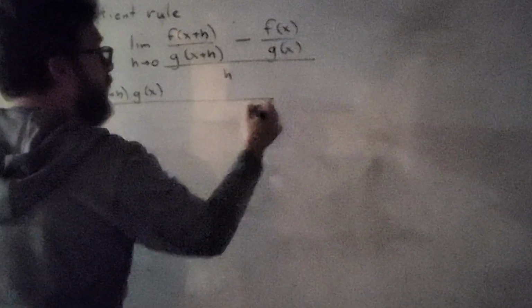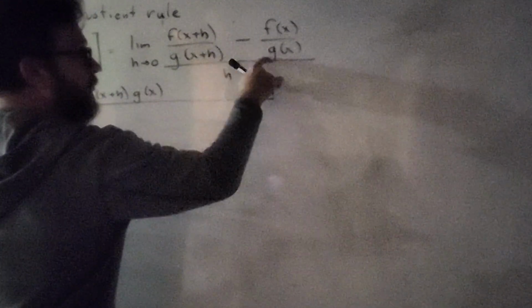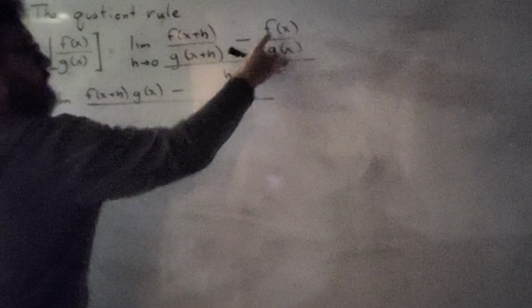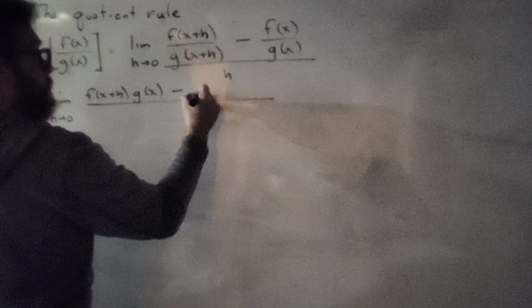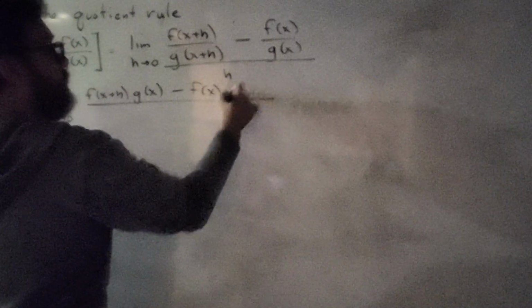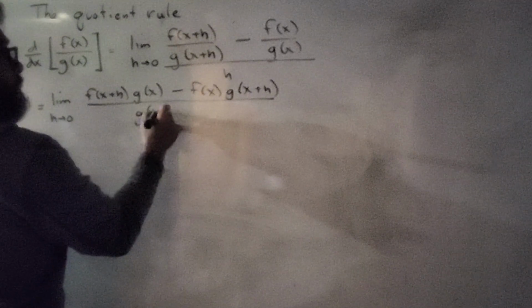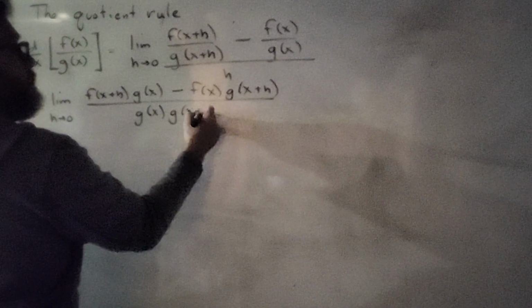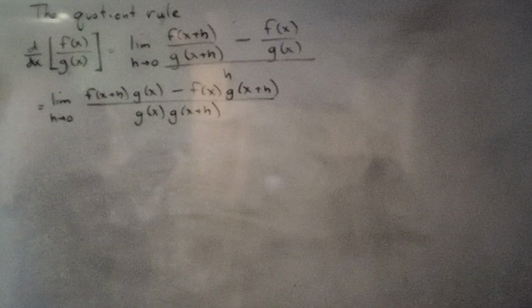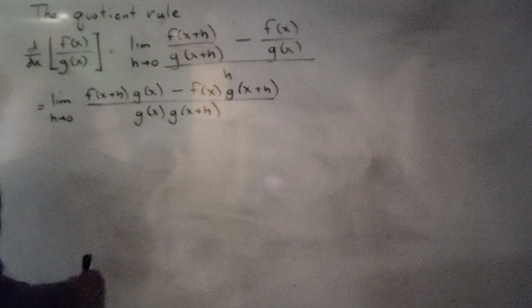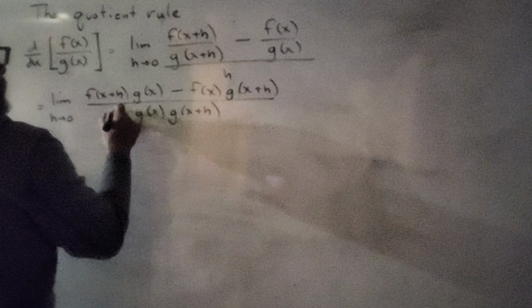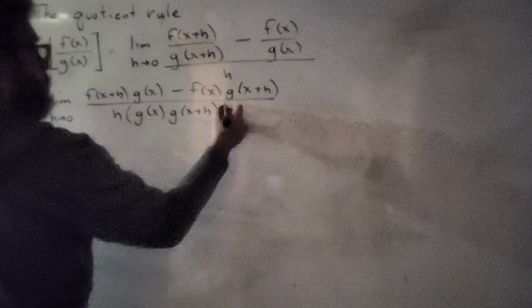Now they're going to have a common denominator of this product together. So minus, I have to do this one times g of x plus h. So f of x times g of x plus h. This is going to be now divided by the product of these things. So g of x times g of x plus h. This entire thing is being divided by h. So really, you can just put the h in our denominator. So h times that expression.